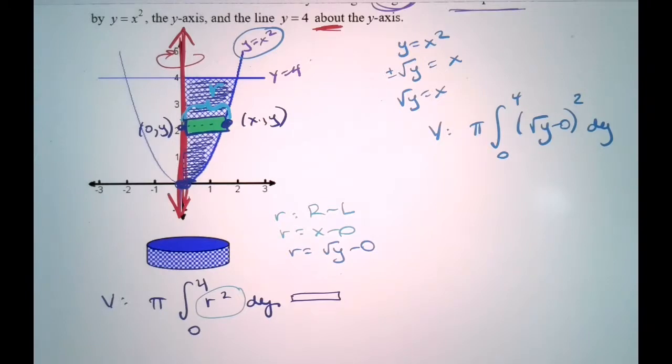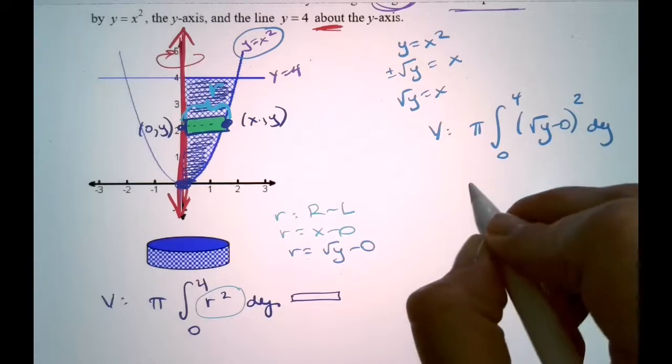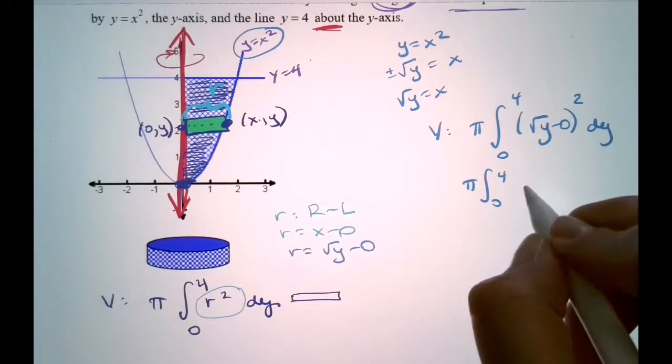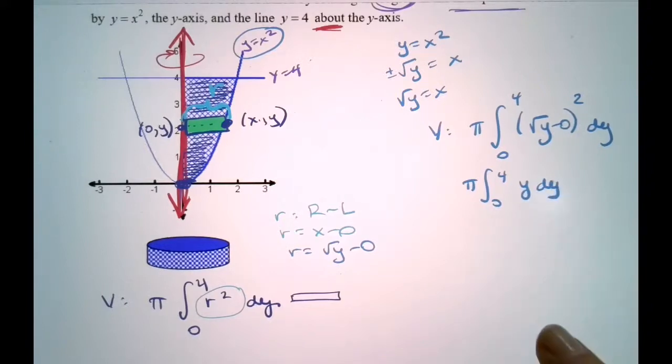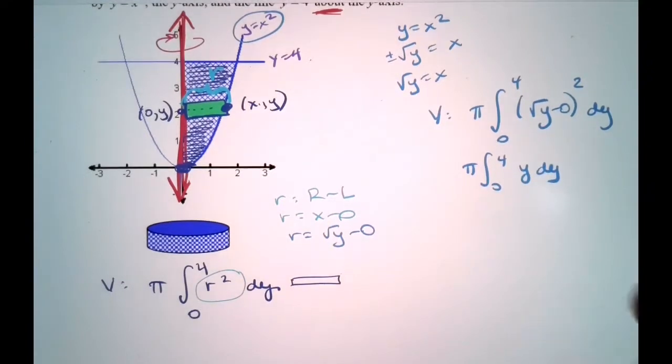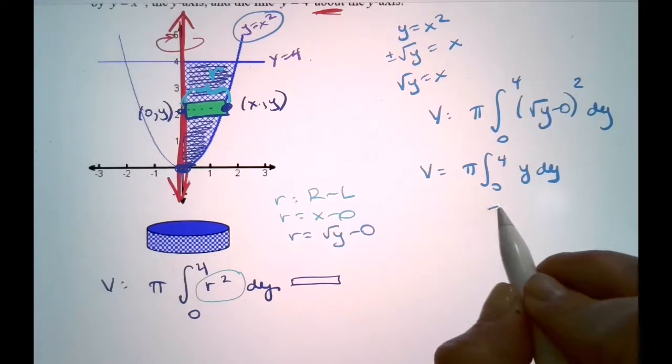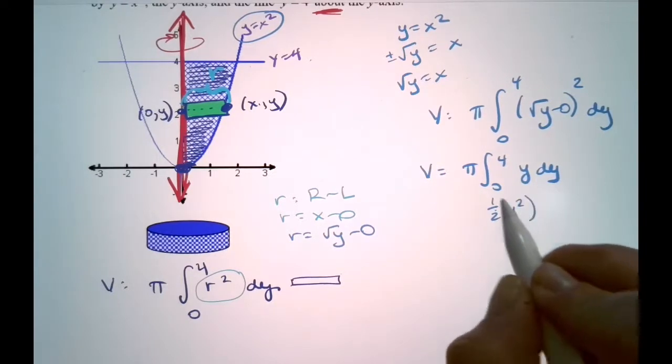Now, if I said find the volume, which is what this question says, now we have to actually evaluate this integral. So methods of integration are really, really clutch. The square root of y squared is just y. This is a pretty nice process here for our volume. I'm just going to come up with my antiderivative, 1/2 y squared, from 0 to 4.